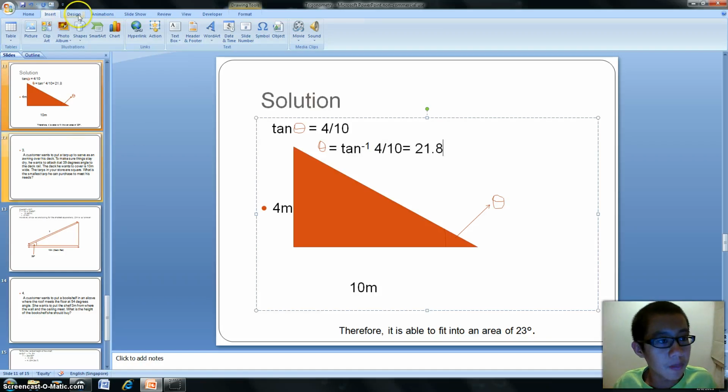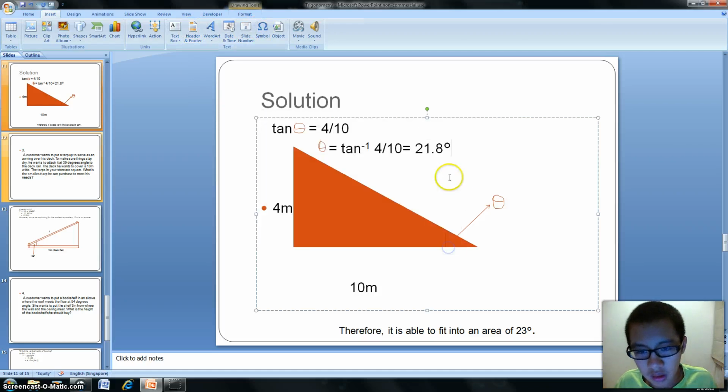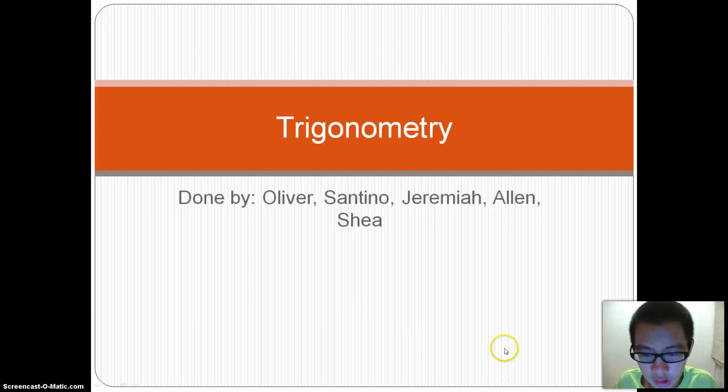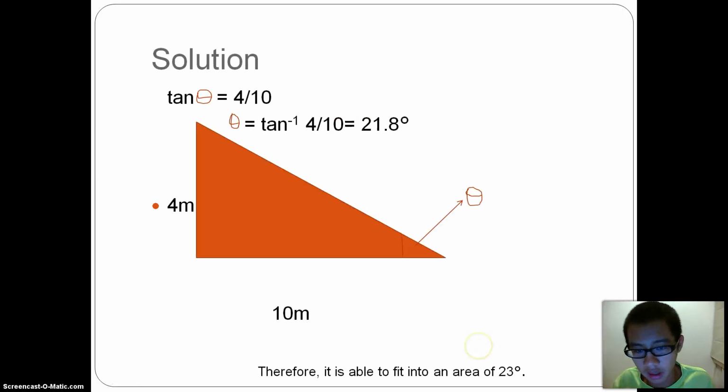I'm going to put the degree sign. Yes, this. So that is my answer right there. So tangent inverse 4 over 10 is equal to 21.8 degrees. Therefore it can fit into the area of 23 degrees.